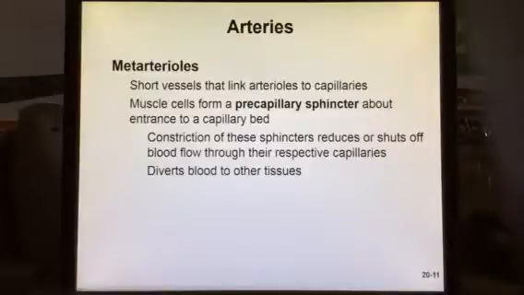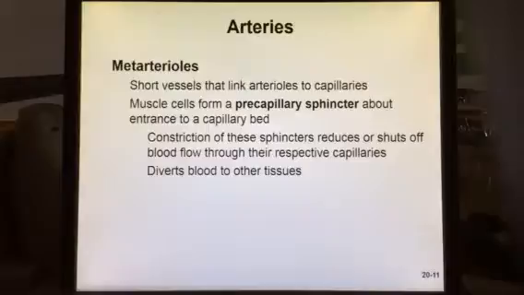From there, getting even smaller is called metarterioles. They are short little vessels that link arterioles to capillaries, and they have a little valve-like structure called a precapillary sphincter. It's an opening where it allows blood into the capillary bed, and it controls the amount of blood that goes there. The constriction of these reduces or shuts off the blood flow, but then when they're open, the capillaries are receiving blood.